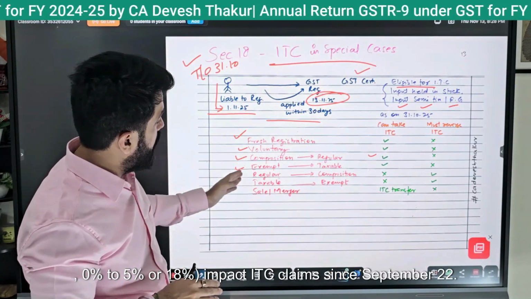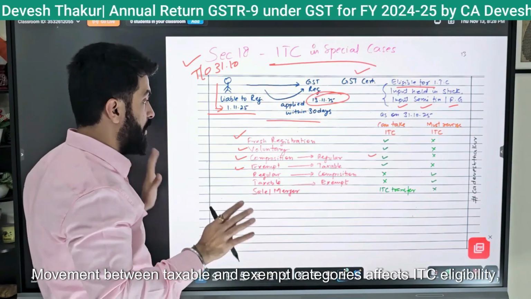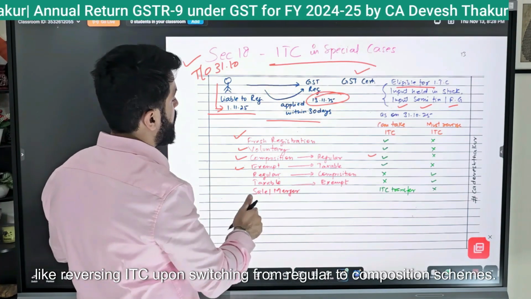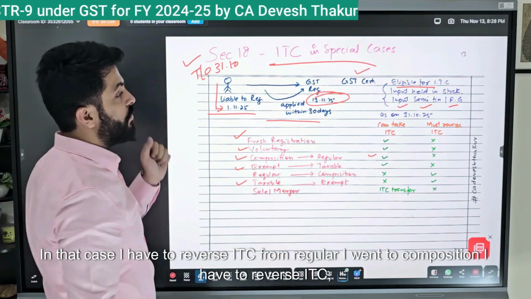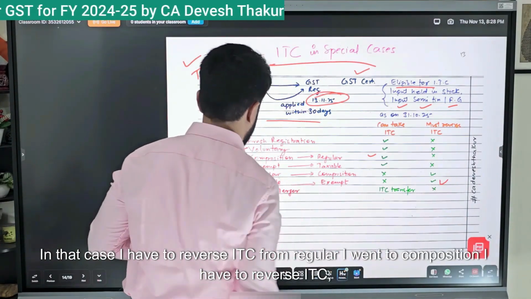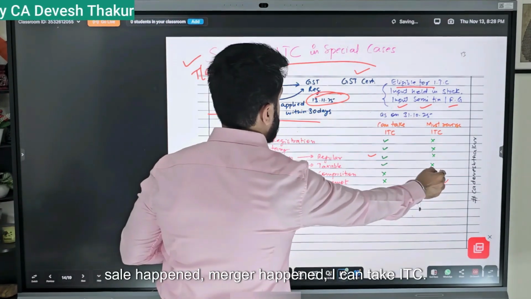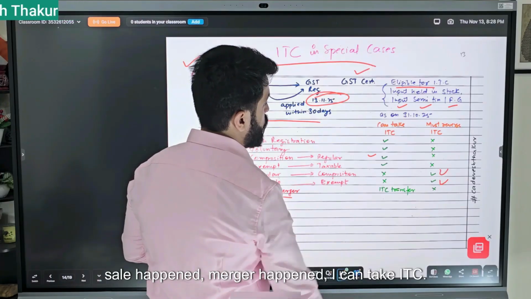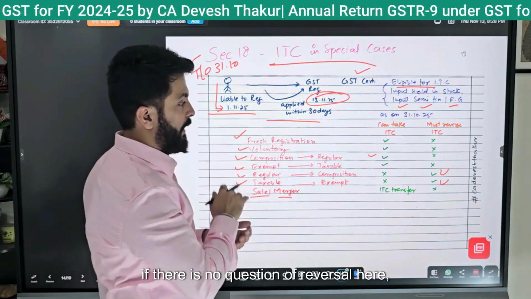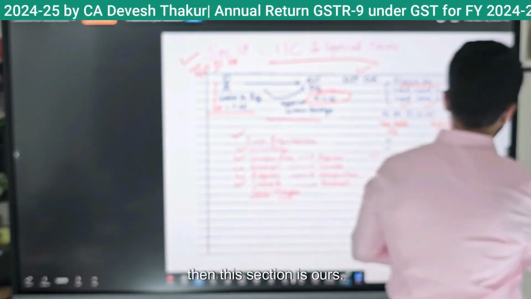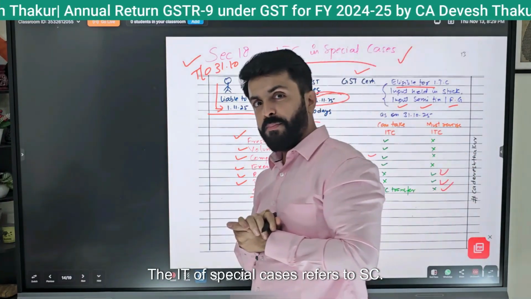Movement between taxable and exempt categories affects ITC eligibility, like reversing ITC upon switching from regular to composition scheme. In that case, I have to reverse ITC. If I went to composition, I have to reverse ITC. If a sale or merger happened, I can take ITC, and in this case I have to transfer ITC. If there is no question of reversal here, then this section applies. That is ITC in special cases.